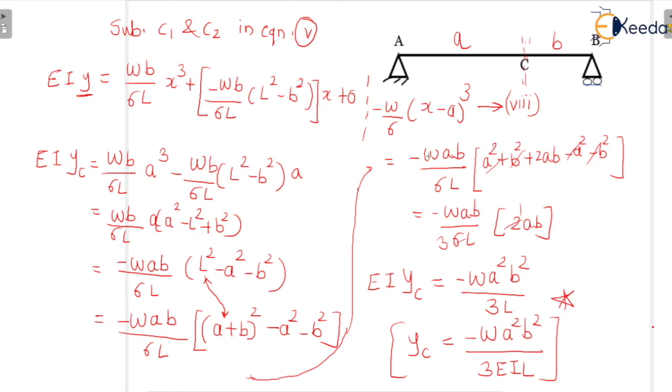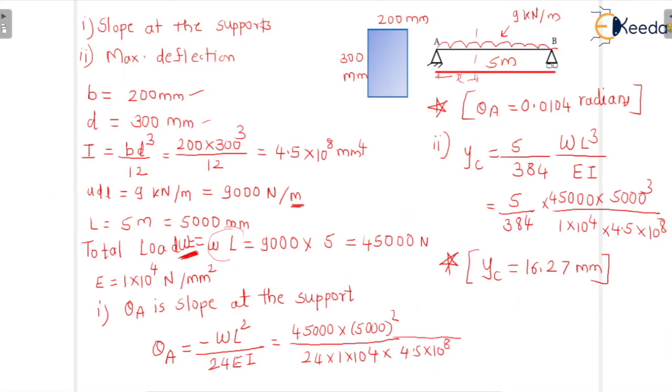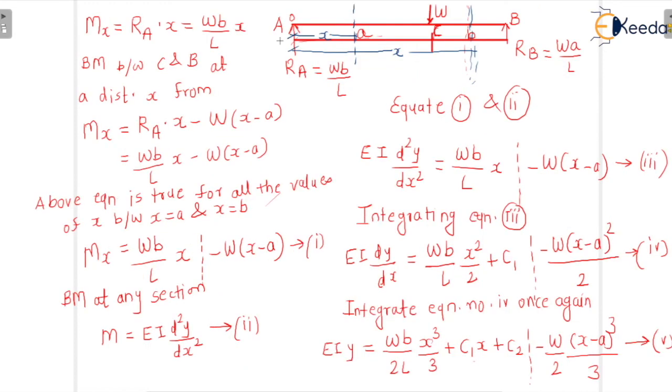So hope this is a simple method, a little lengthy, but hope it is clear to you. What we have considered till now: first we calculated the reactions, then we considered a section over here and calculated the moment.